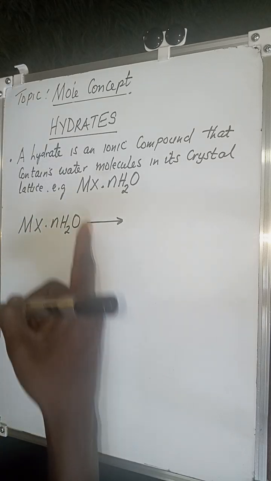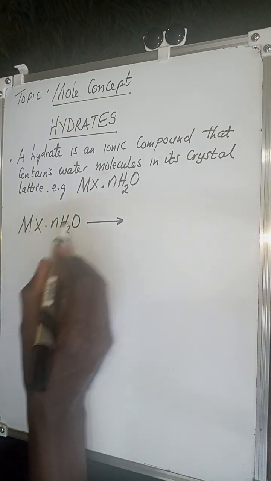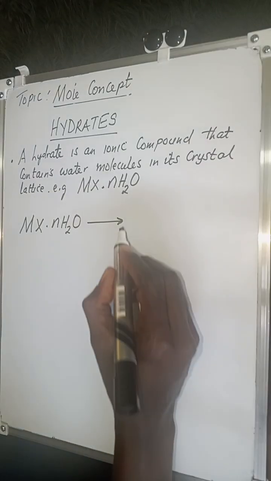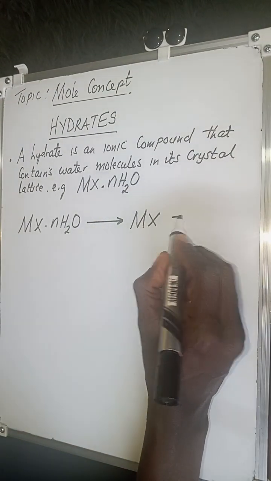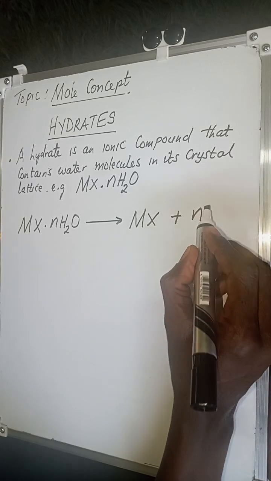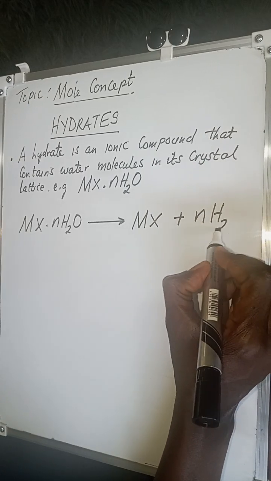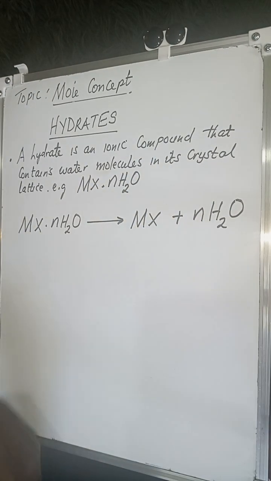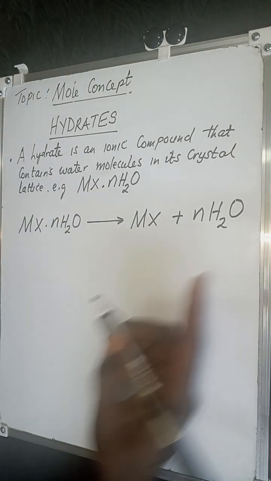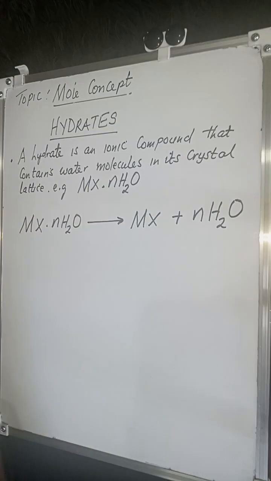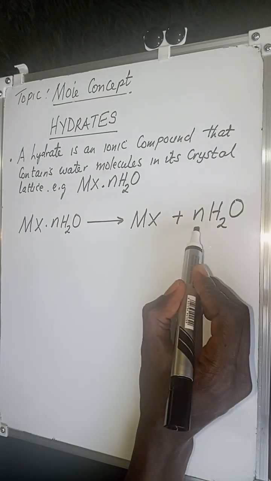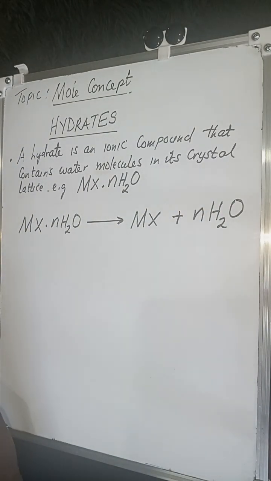The idea is we want to get rid of all the water molecules. So when we get rid of all the water molecules, we are going to remain with the anhydrous salt. All the water molecules are released from the hydrate. So when we have that, it is now possible for us to determine the value of n, the number of water molecules that you have.